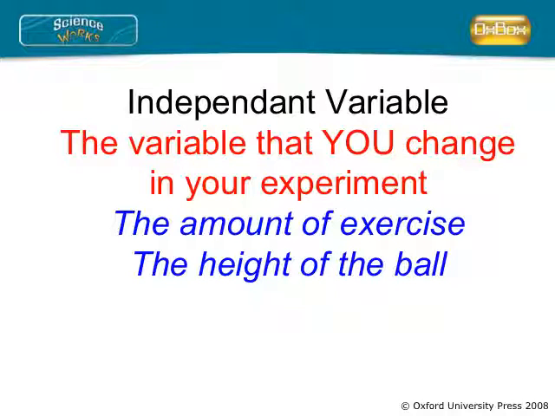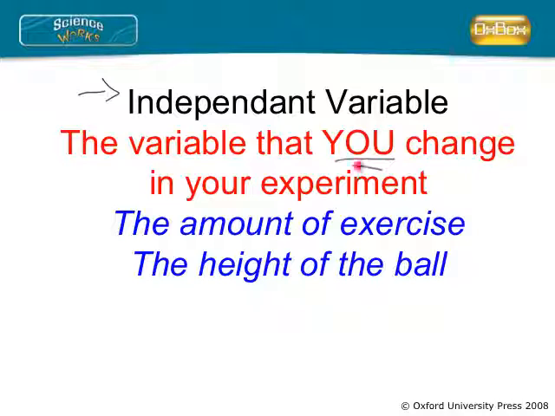Now you may remember from the lesson in class that the independent variable is the variable that you change in your experiment. So if we think back to the exercise experiment, the independent variable in that one was the amount of exercise that you did. Okay, so that was what you were changing.